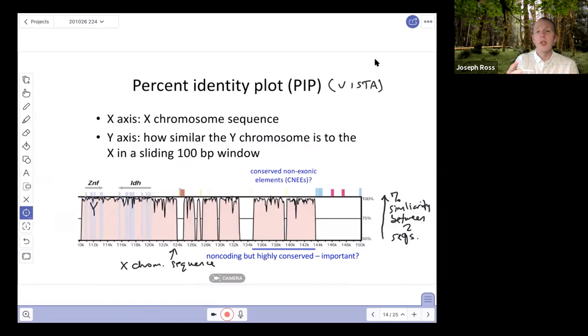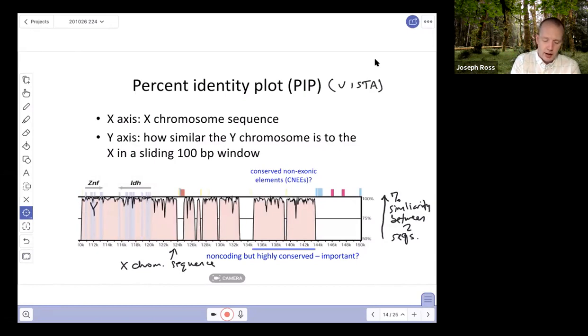So you can imagine if there's one point mutation in those 100 base pairs, that would produce 99% similarity in that region, and we would plot a dot at 99%. Then you move to the next 100 base pairs and ask, what's the percent similarity? And you move to the next one and the next one. So you slide along the X chromosome in 100 base pair windows, and you calculate the percent similarity between the X sequence and the Y sequence.